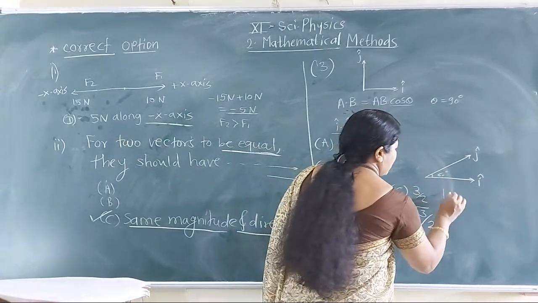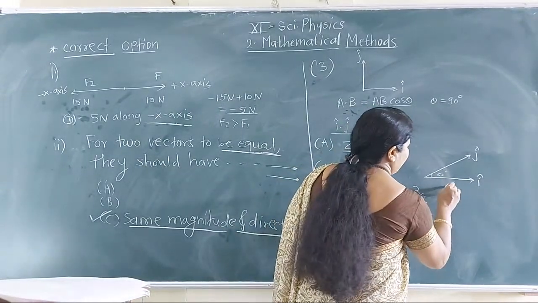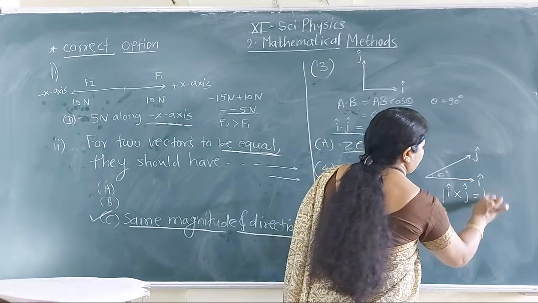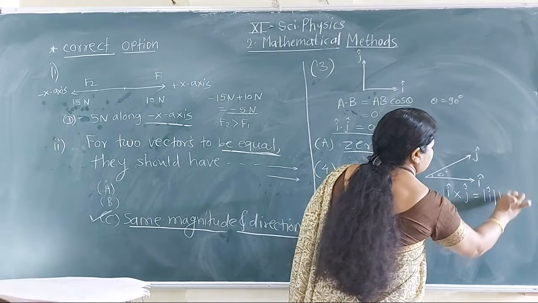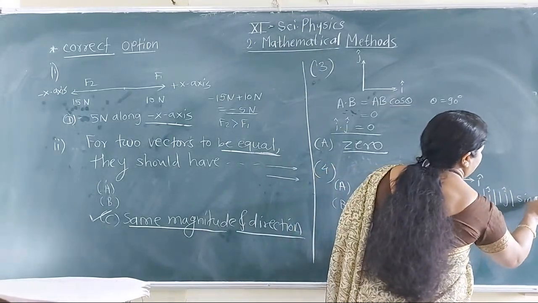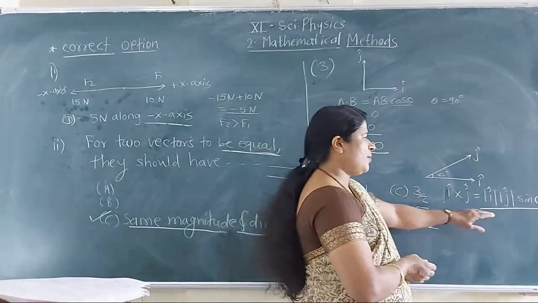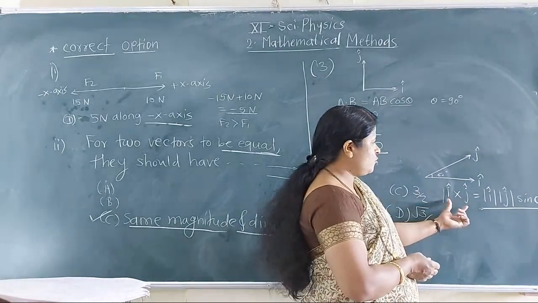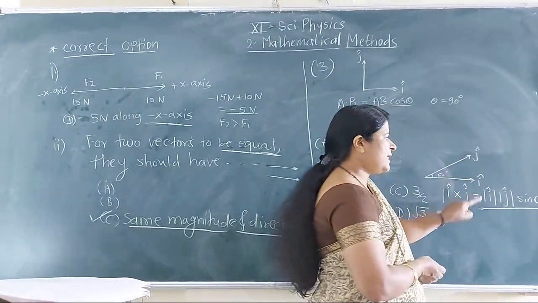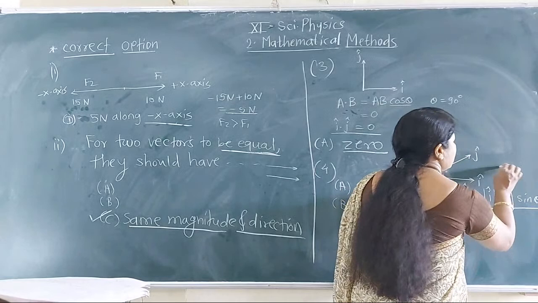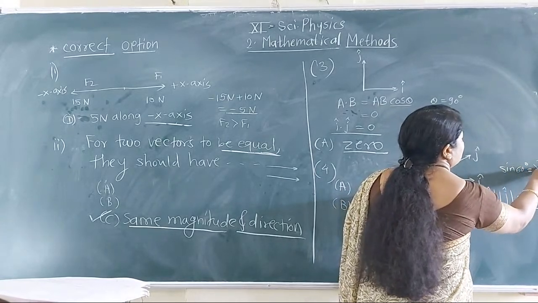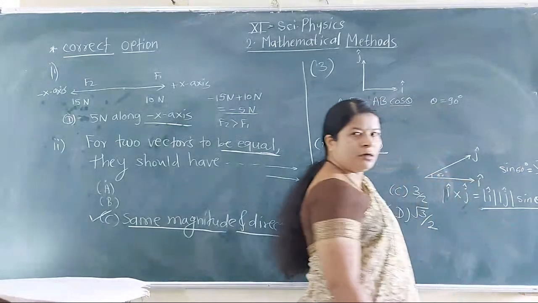We know that i cap cross j cap is equal to |i cap||j cap| sine theta. This is the magnitude of the cross product between two unit vectors. Now the angle is 60 degrees and sine of 60 degrees is root 3 by 2.